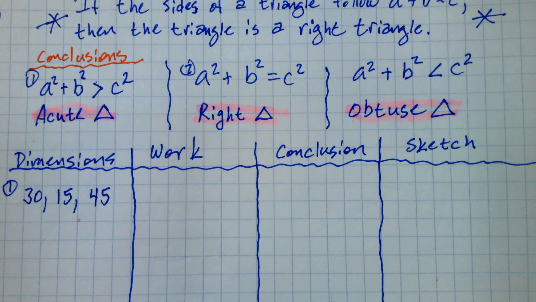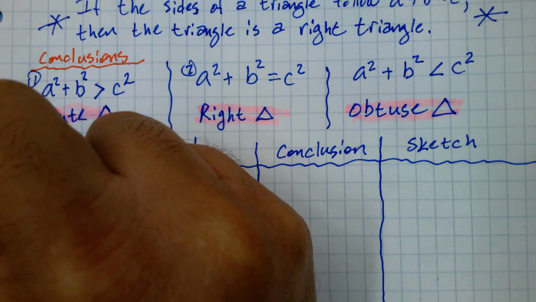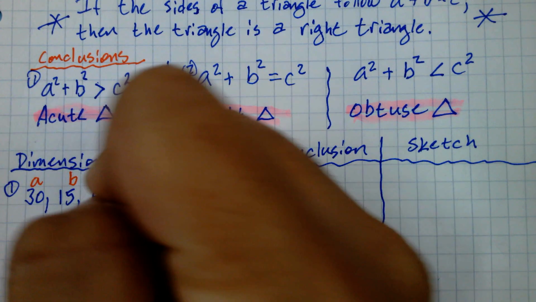Okay, go ahead and write that down. 30, 15, and 45. That's the length of all 3 sides. Let's label them first. Which side has to be C? 45. The longest side, even if it's not the last number. So this could be A, this could be B, and this is going to be C.